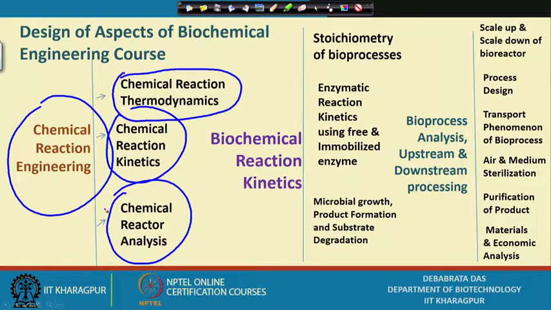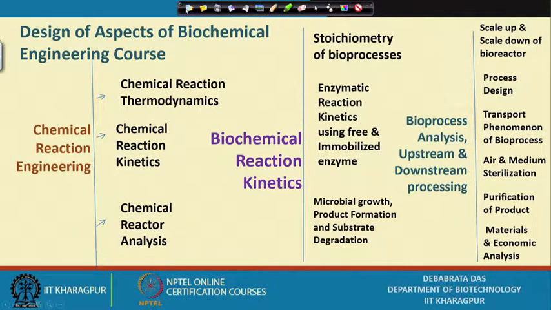Reactor design is a very important part of chemical engineering, because here we find out the volume of the reactor needed to get a desired amount of product. So we do a detailed analysis of the reactor.